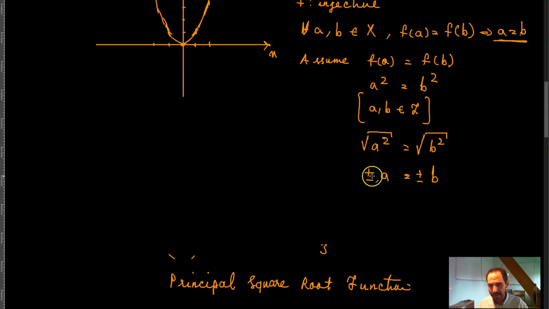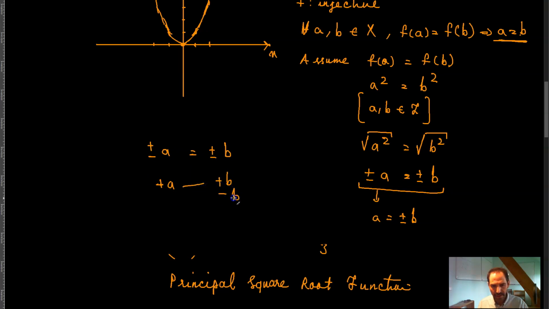The logical conclusion from this would be that a is equal to plus or minus b, because suppose that you get plus or minus a is equal to plus or minus b, and suppose that you take plus a with plus b and minus b, and negative a you take with plus b and negative b.